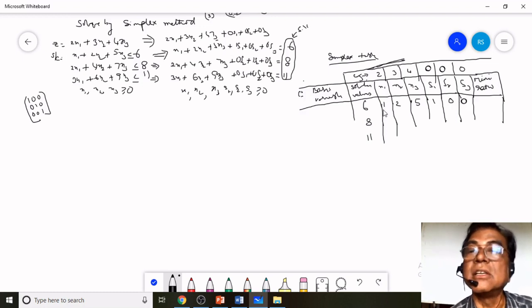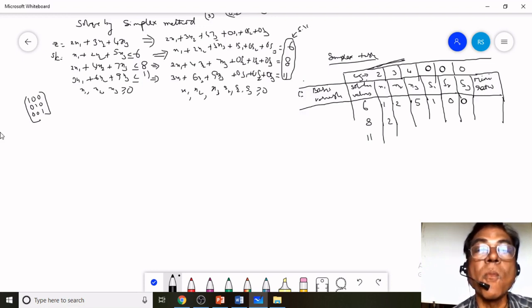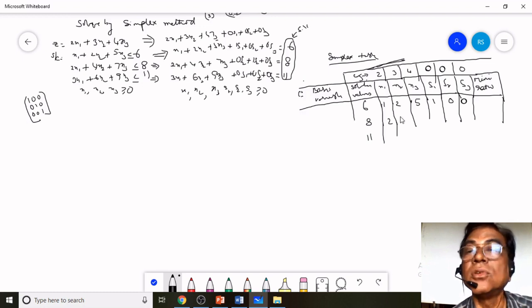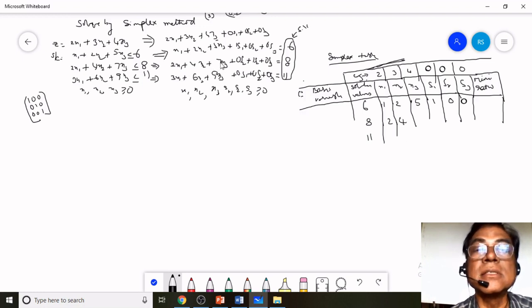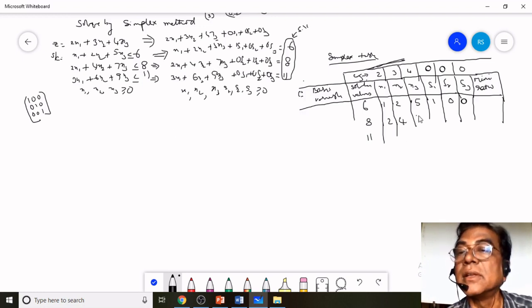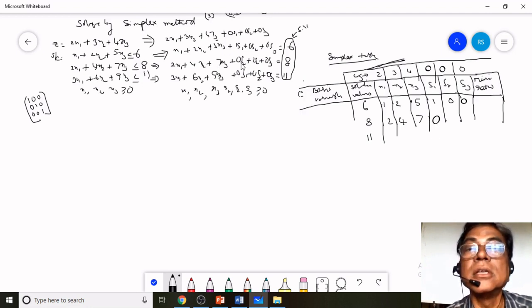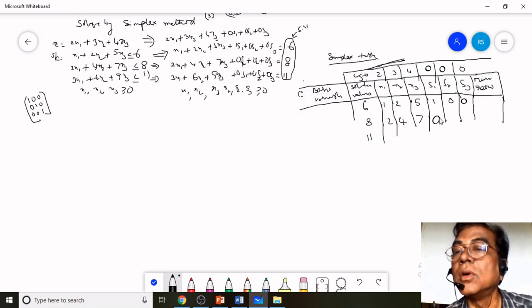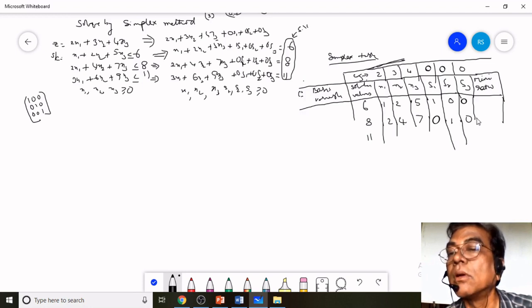Okay? Now go to the second equation. Second equation means only the coefficients: 2, then 4, then 7. Write down 7. Then 0, 1, 0. Next, the third equation.